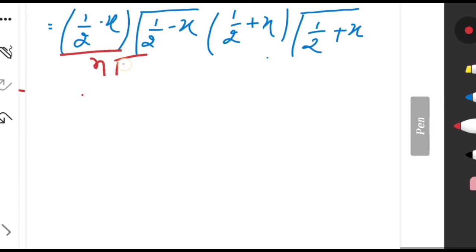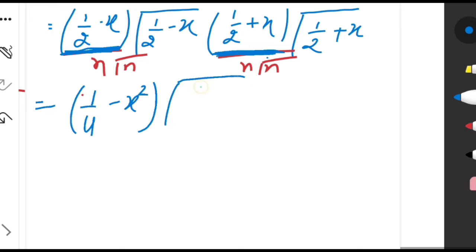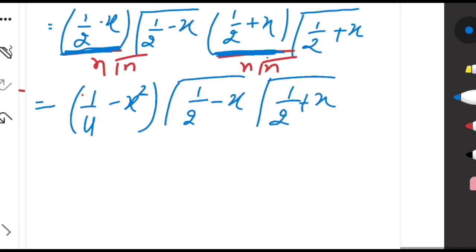Now as you can see, this is a minus b and this is a plus b. So we have a property that (a minus b)(a plus b) is equal to a squared minus b squared. So I'm writing it as (1/4 minus x squared), and the rest of the gamma functions, gamma of half minus x and gamma of half plus x, as they are.